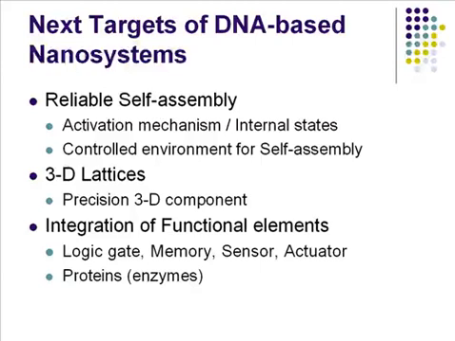So one of the next targets is the activation mechanism and internal states on the DNA components. Also, control of the environment for self-assembly is important, I think. The prior work was all done in a tube, but we can use some kind of microfluidic device like this to precisely control the environment of self-assembly.